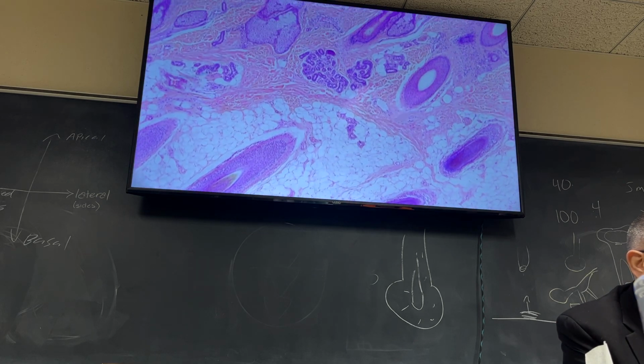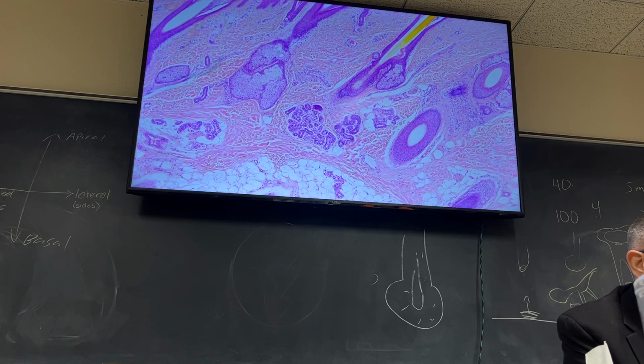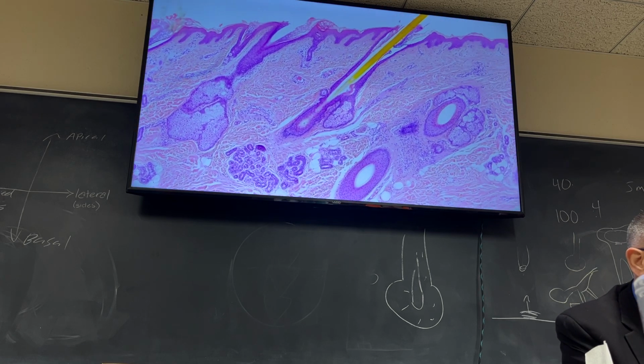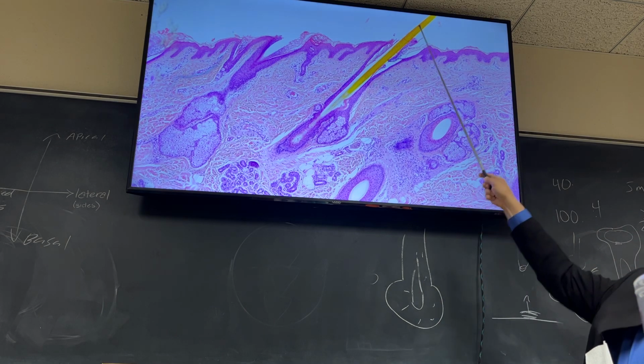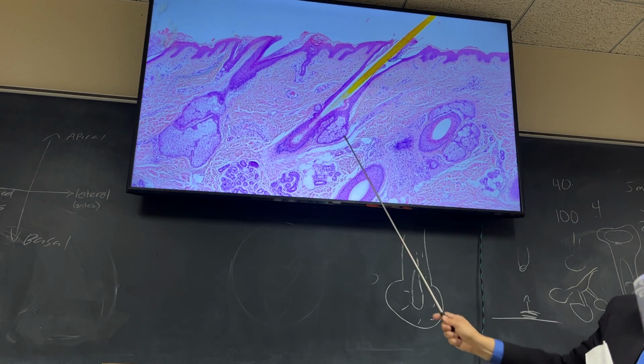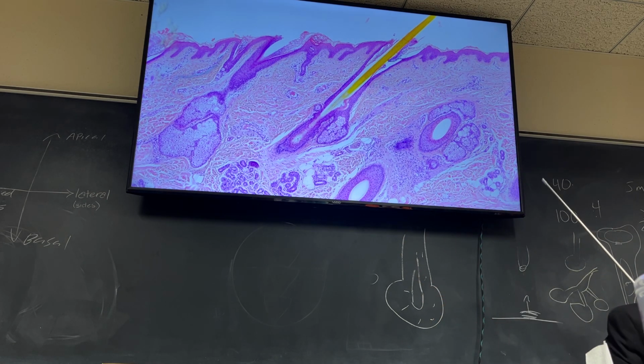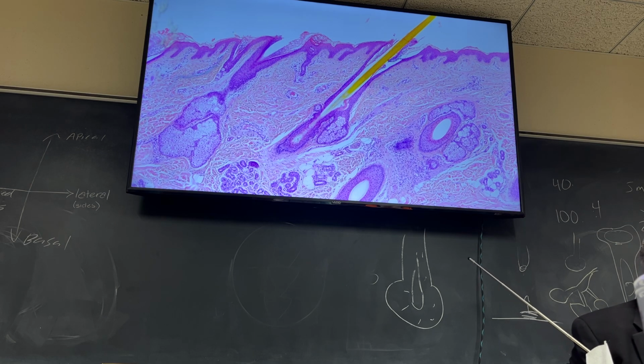So let's look up here where you can see the hair itself, right? And then this is that other thing we were talking about, right? Do I have erector pili muscles in there? You need to add that, erector pili muscles on.